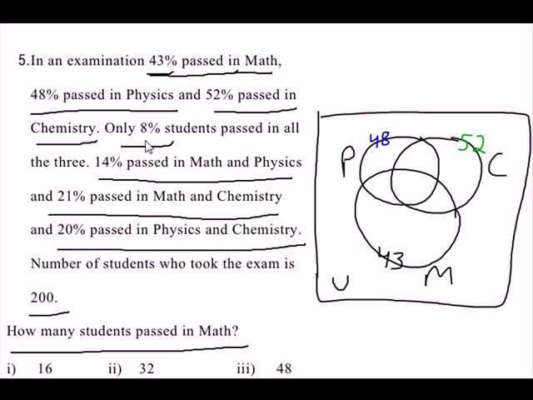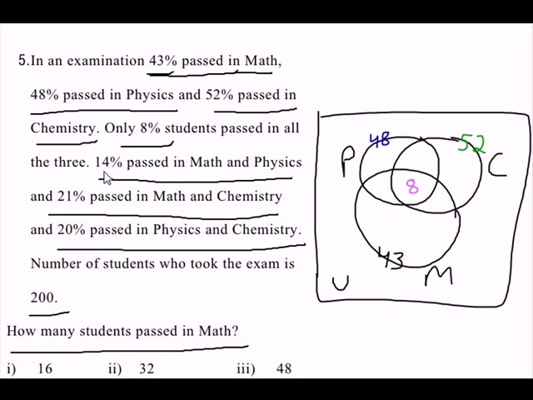So there you go. 8% passed in all the three, so 8 goes in the center, the area that is represented by the intersection of P, C and M.